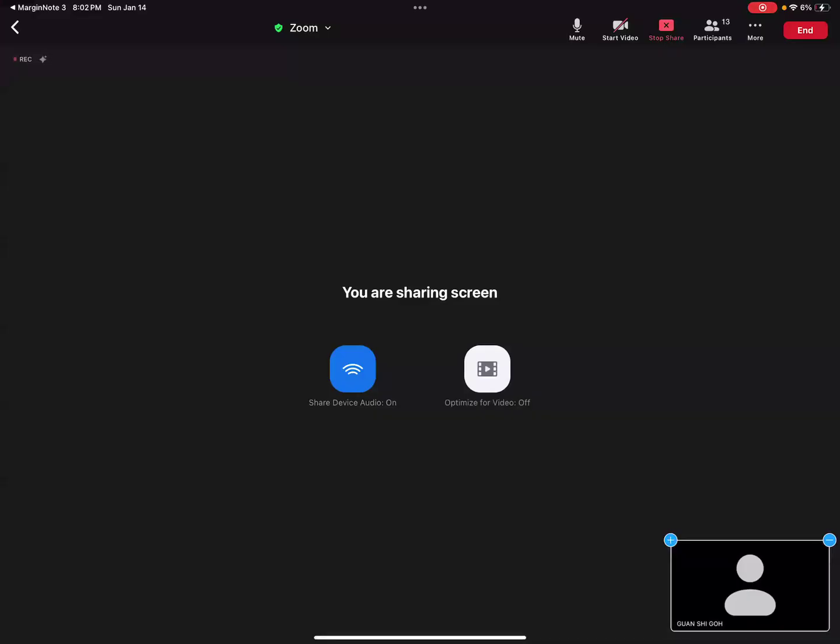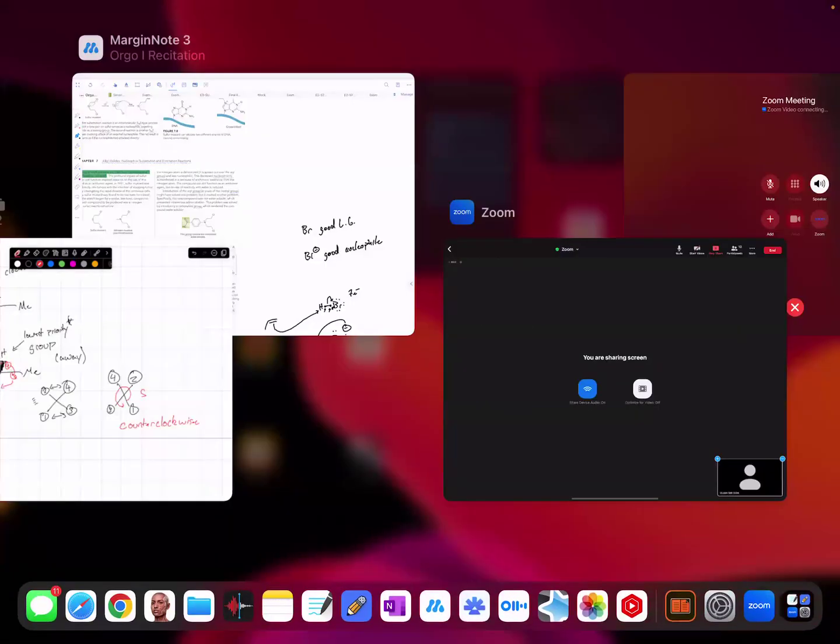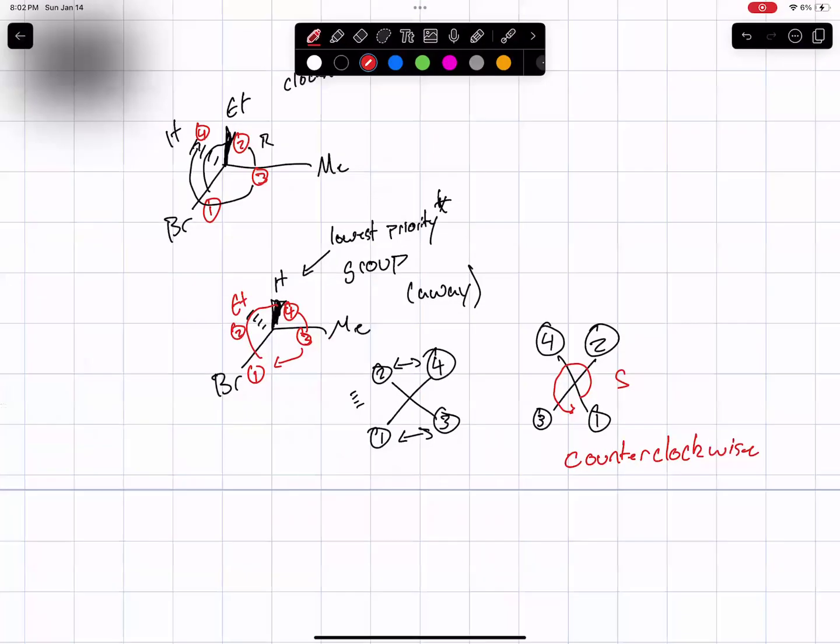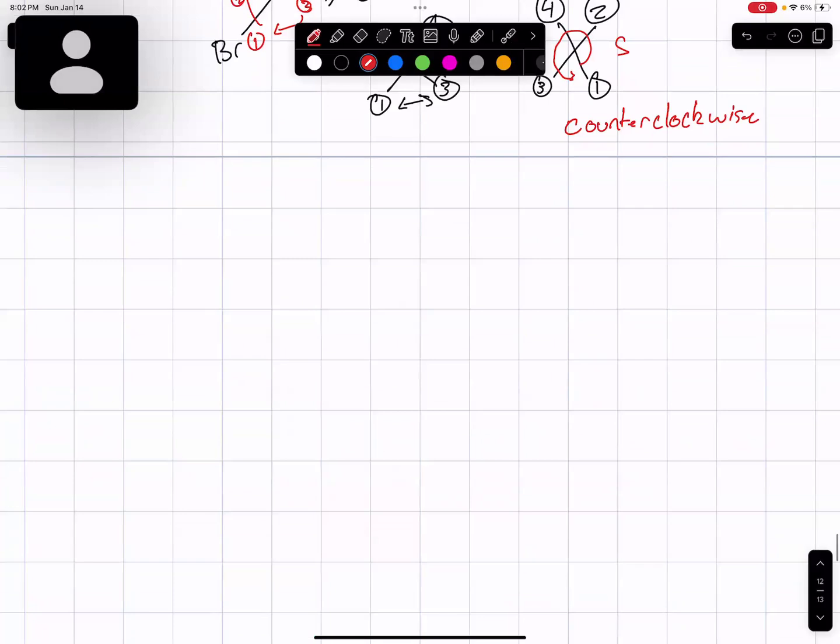How do you convert the Fisher projection to the Newman formula? Like how to identify which carbon is located at the front and which at the back. You're saying Newman to Fisher? No, Fisher to Newman.